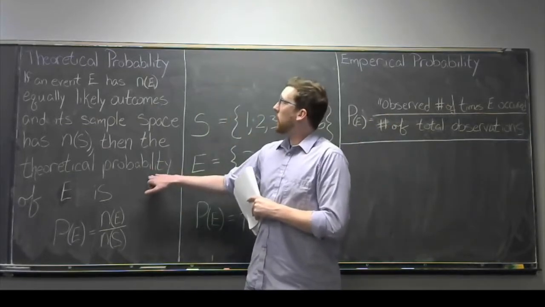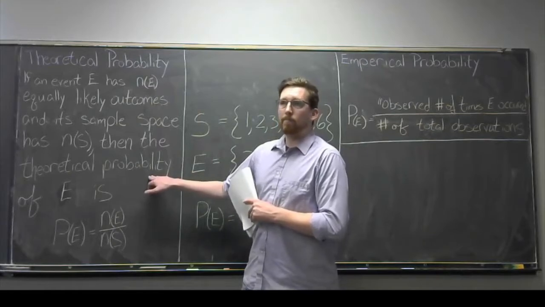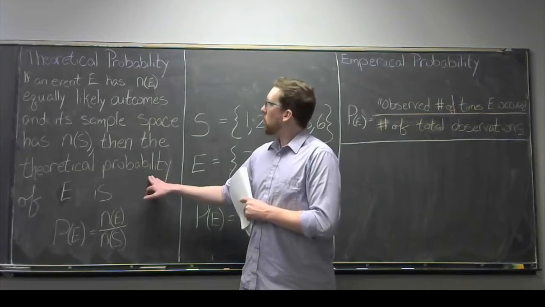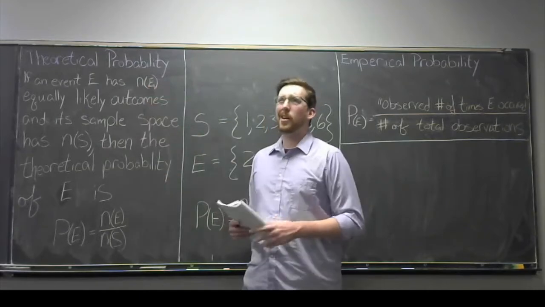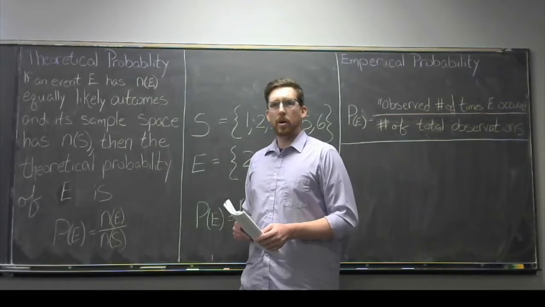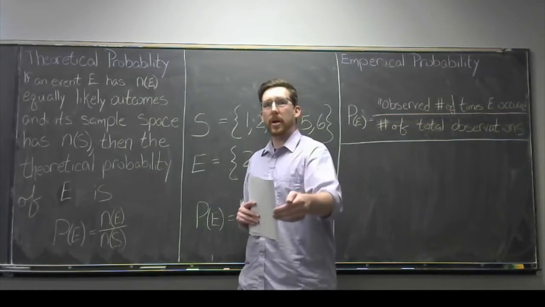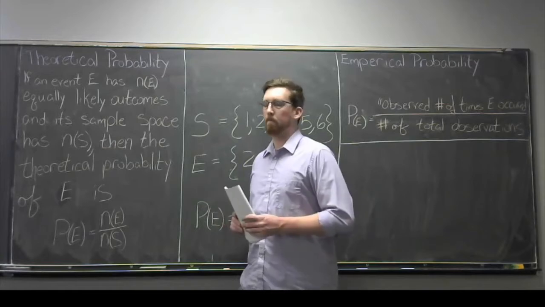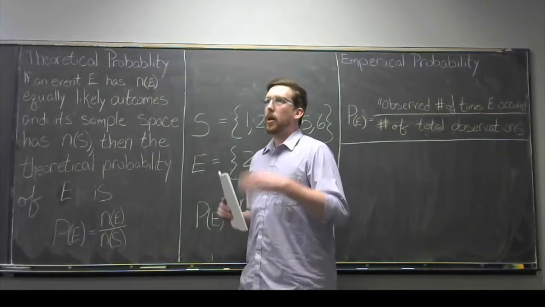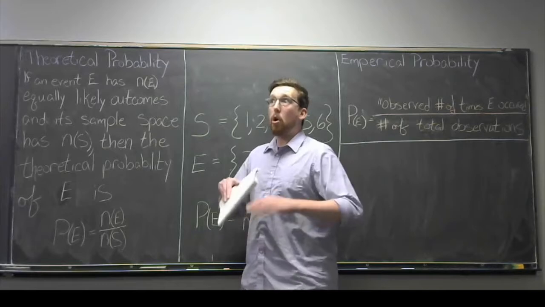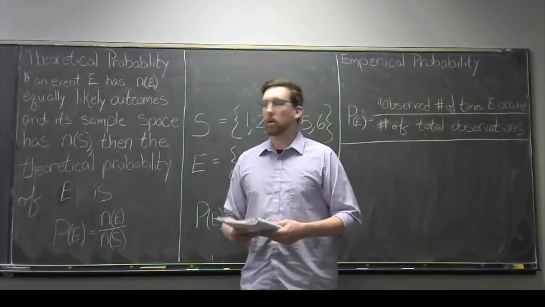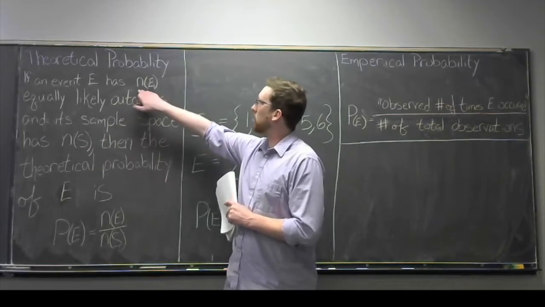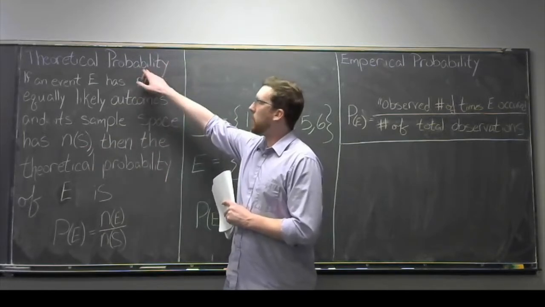Theoretical probability is a little bit more involved. Really what it is saying, in theory, these are the number of possible ways E could occur, our event. These are the number of all possible outcomes as well. That's what NS is. So let me step back a little bit.